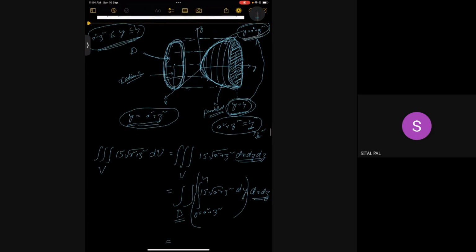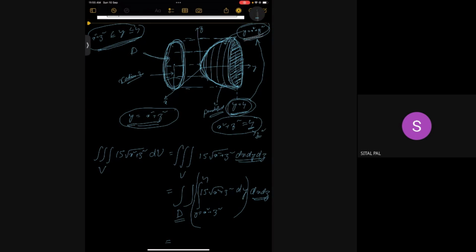Sir, hello, sir. Can you please repeat what you were trying to say? I have a question regarding the given function y equal to x squared plus z squared. We can classify it as implicit or explicit. So are we bound to specify, for the sake of our calculation, that y is a dependent variable?